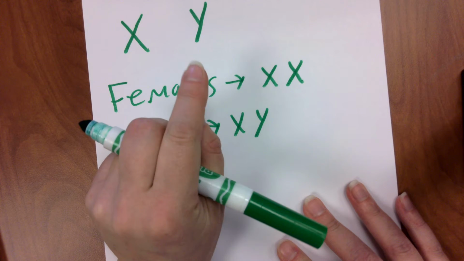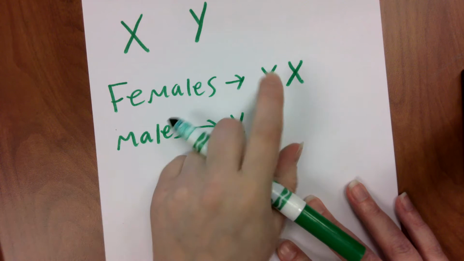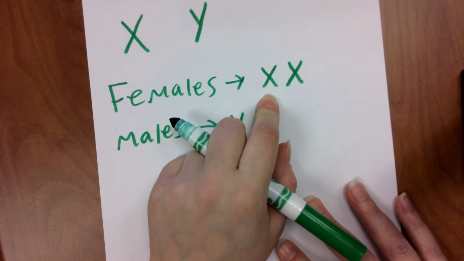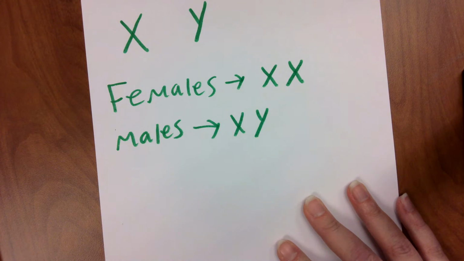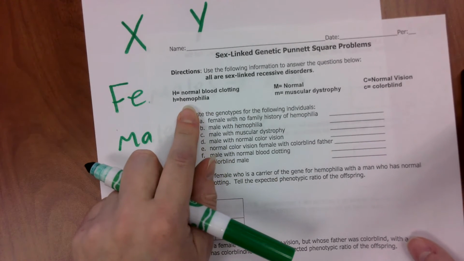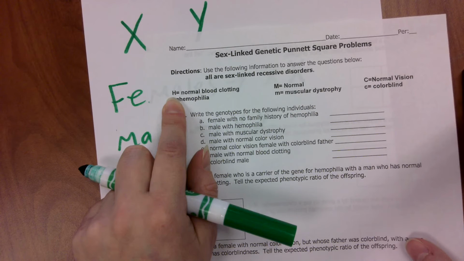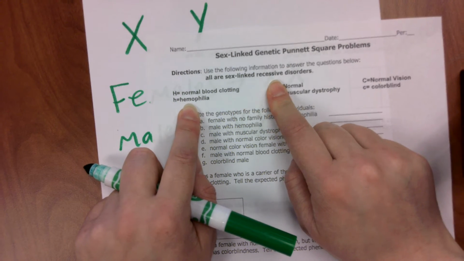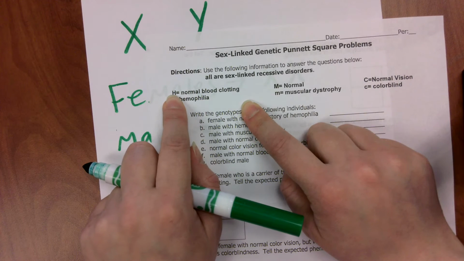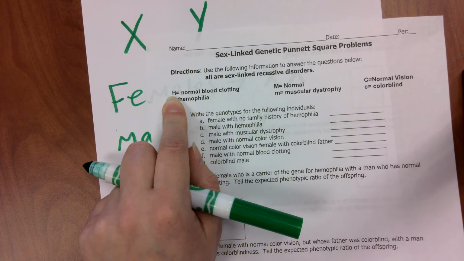By recessive, we mean that the trait on that chromosome is recessive or dominant. And so, for example, we have hemophilia, which is represented as an H. It's recessive, so it's a little h, and normal clotting blood is a capital H.